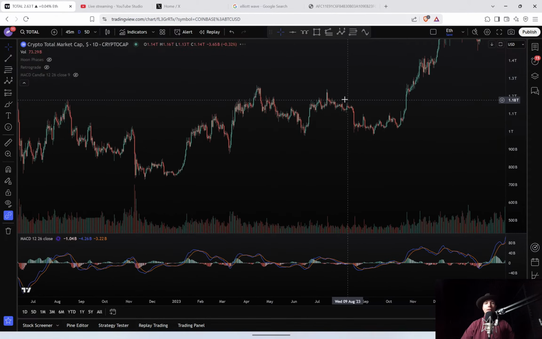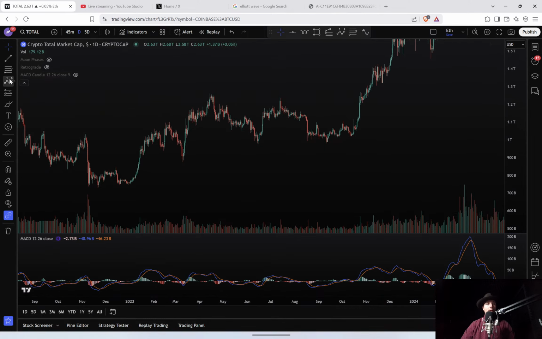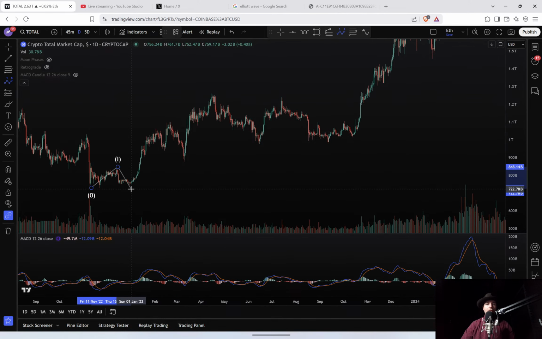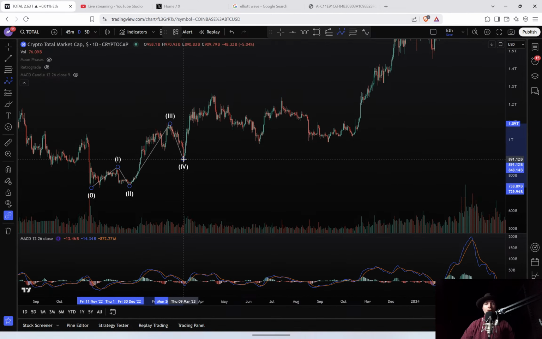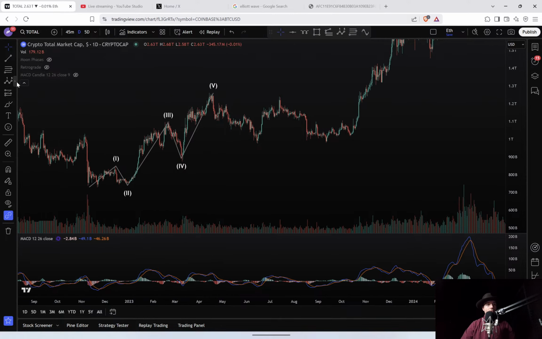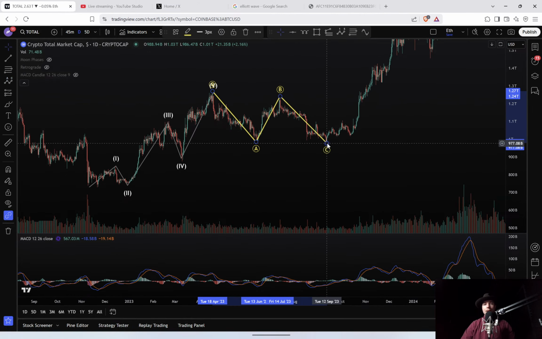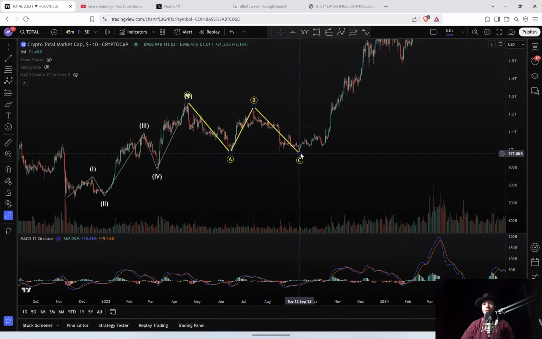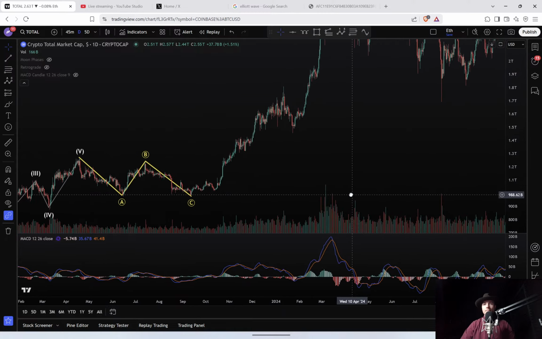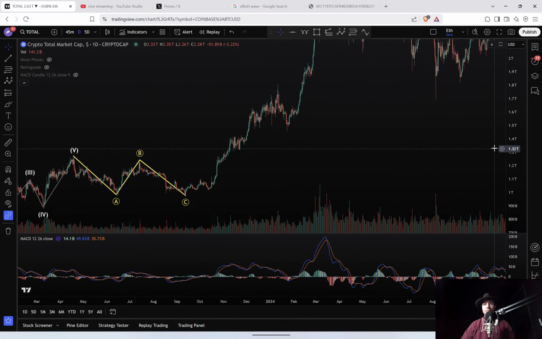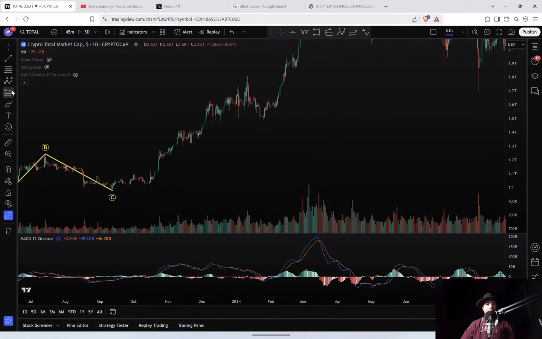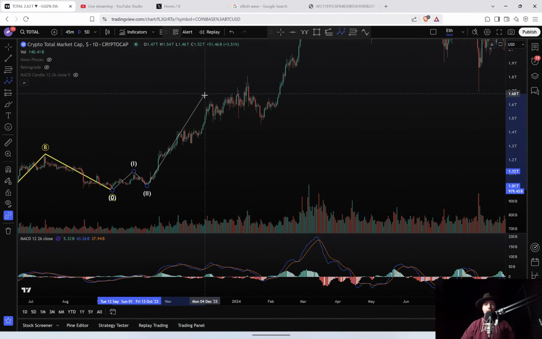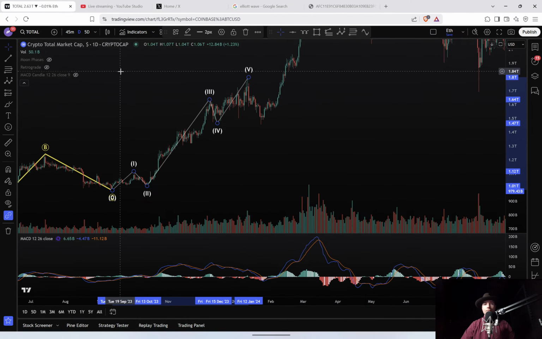If you zoom in right here, for example, you can count wave 1, wave 2, wave 3, wave 4, wave 5, and then what comes afterwards? A, B, and C, right? And then look what happens after that C wave is done. You get another bullish Elliott wave impulse, right? And we can count right here: wave 1, 2, 3, 4, and 5.